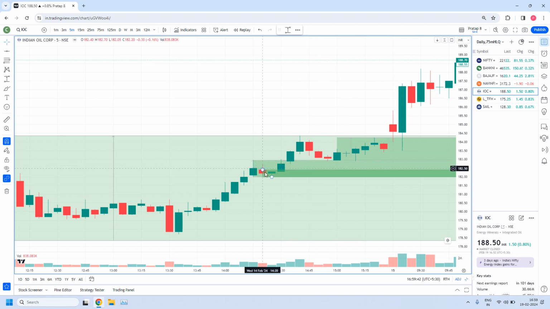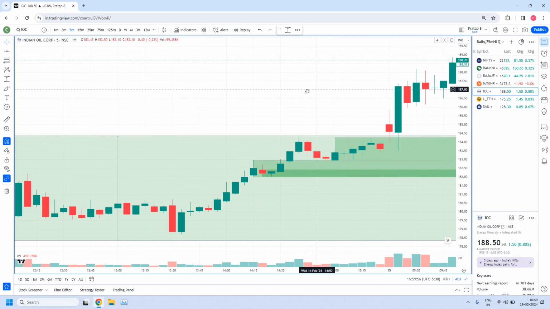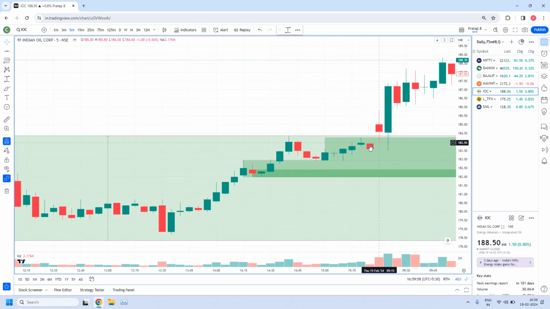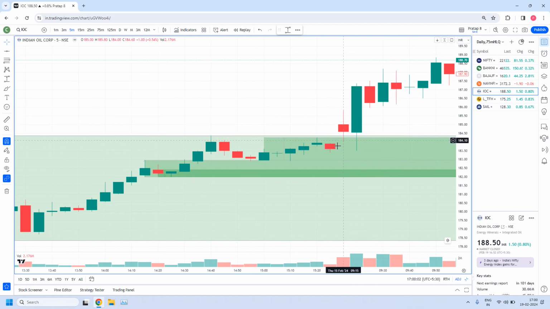That means our 5-minute zone might have a very strong, fine-tuned area. See here, all these candles, prices are not going further, all these rejections indicate there is a strong order flow below this. Such kind of zones, we always get success most of the times. But why didn't we draw a 5-minute zone here? The reason is the price structure is not very convenient here.